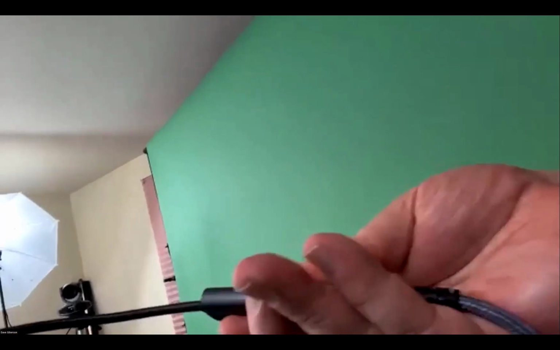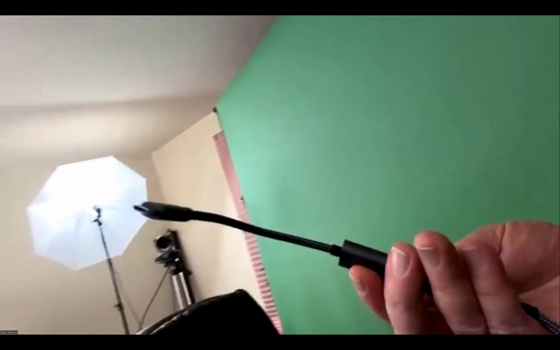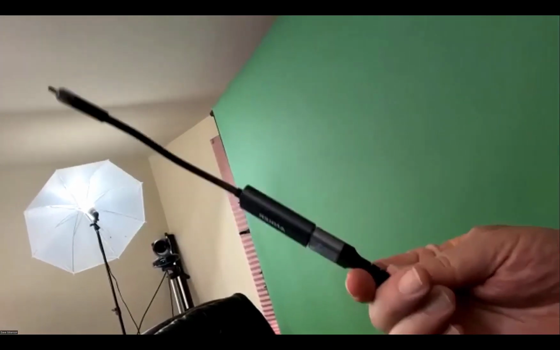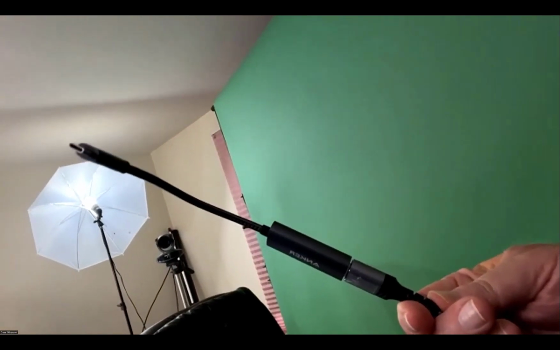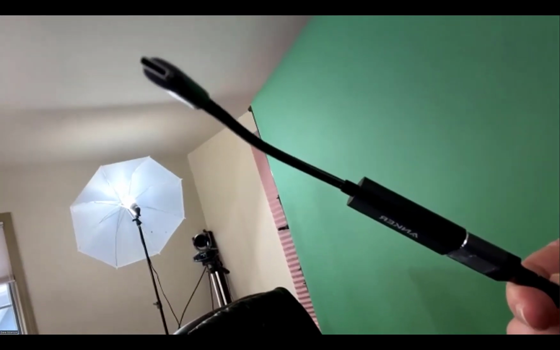Oh, I closed my app. Now I've got the adapter connected to the cable with the HDMI port on it. And on the other end of this contraption, I need a DVI-D cable.